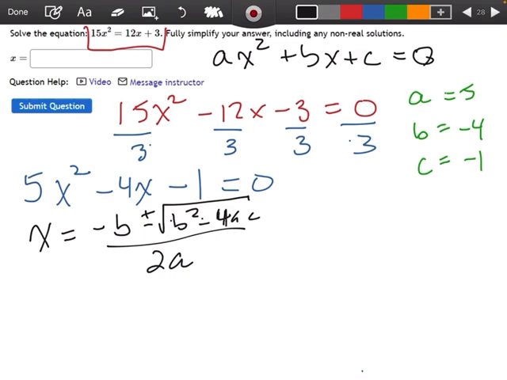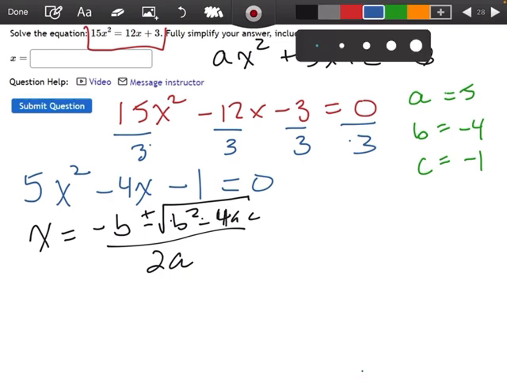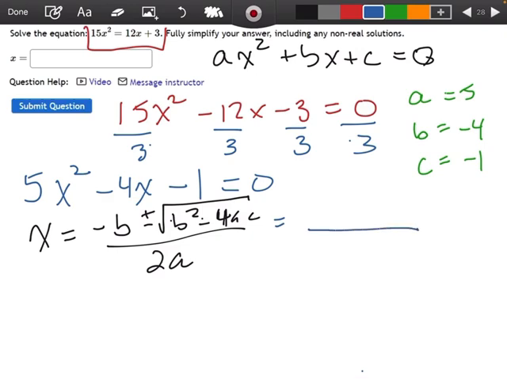All right, let's go ahead and start plugging and chugging. Okay, so negative of b, well, b is the number negative 4, plus or minus big old square root, okay?